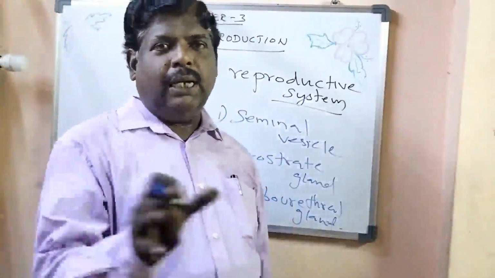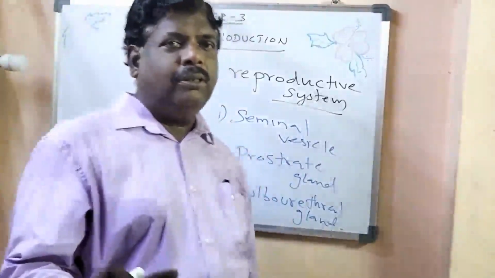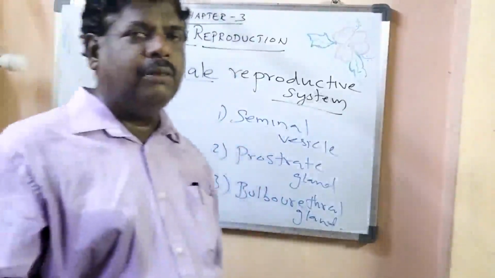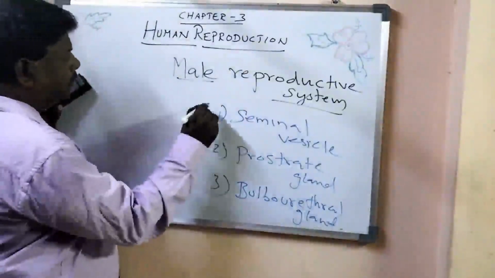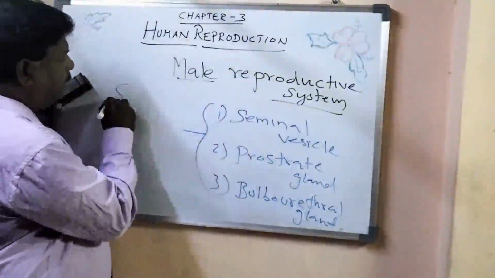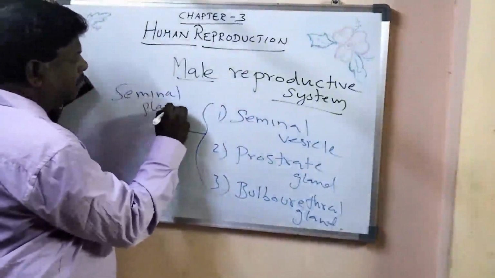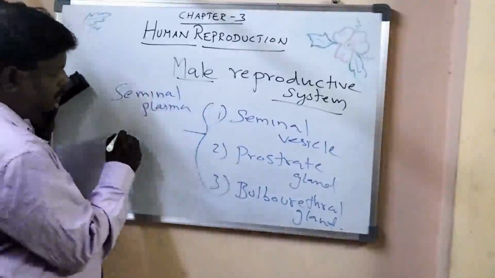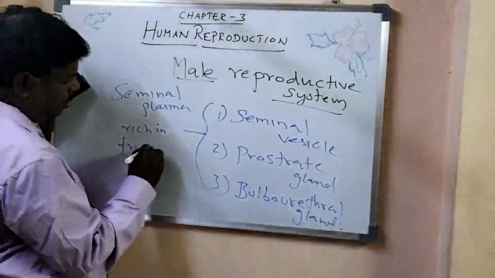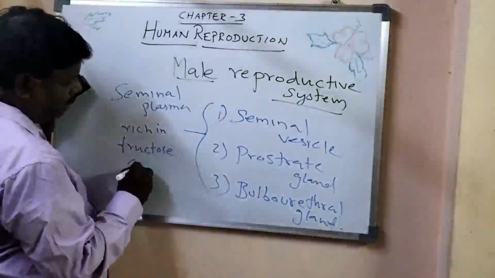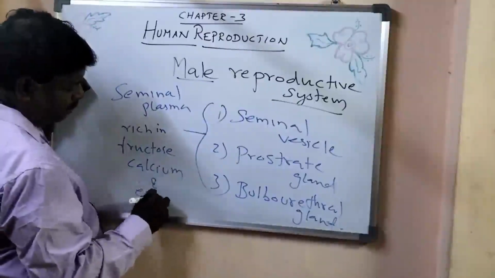So all these glands will produce a kind of fluid, also known as seminal plasma, that is rich in fructose, calcium, and some enzymes.